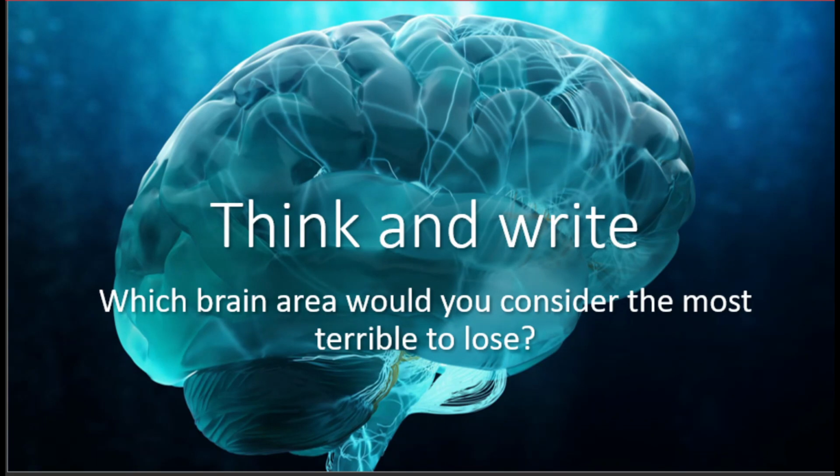You might think inappropriate things, but usually you are able to stop yourself from saying them out loud. So if part of your brain that helps with inhibition is damaged, you might blurt things out loud that really you shouldn't be saying.